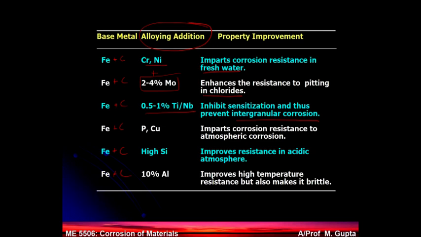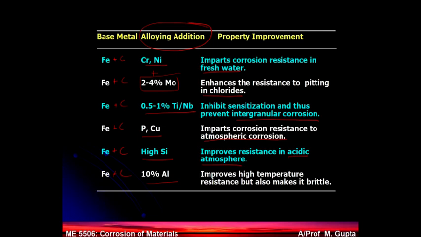If it's a dry atmospheric condition, typically less than 40% humidity, then you can alloy your steel with phosphorus and copper. And that way, you have a wonderful material for atmospheric corrosion. If you have acidic situation, then you alloy your steel with silicon. And if you have high temperature application, you alloy your steel with aluminum.